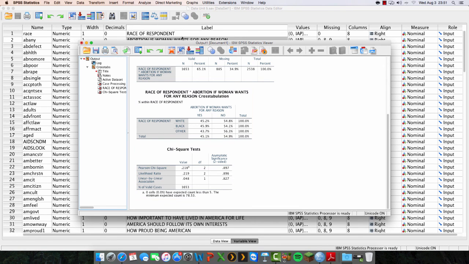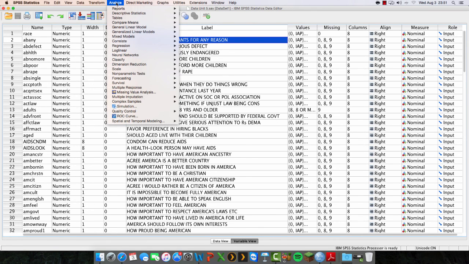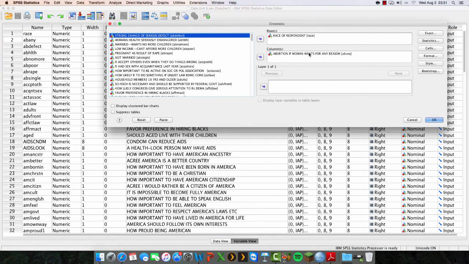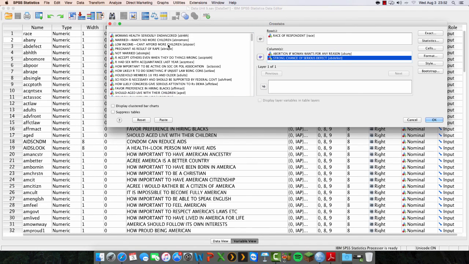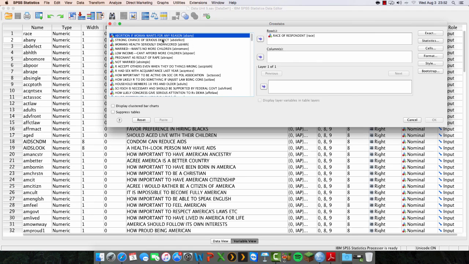Okay, let's try another one. Clicking back on our SPSS program, go to Analyze, Descriptive Statistics, Crosstabs, replacing abortion if the woman wants it for any reason with a strong chance of serious birth defects.